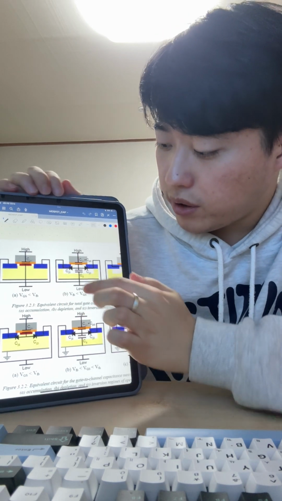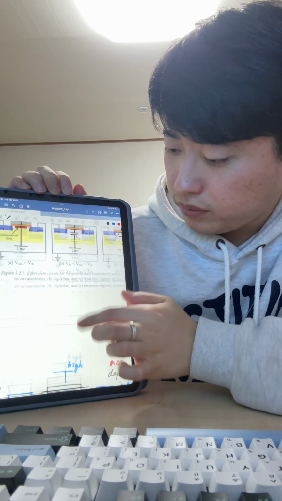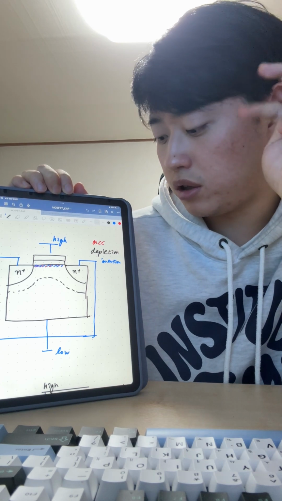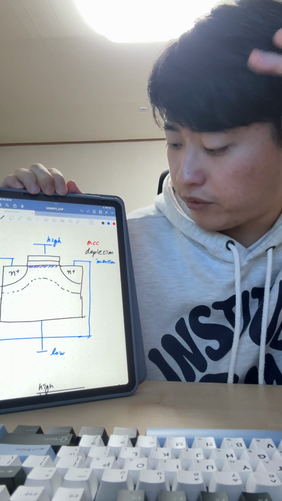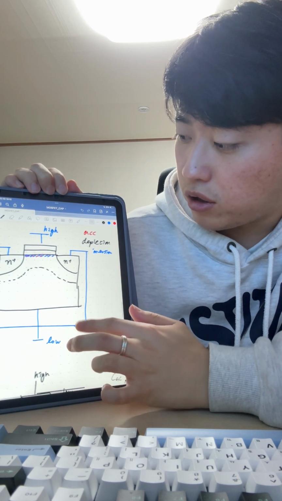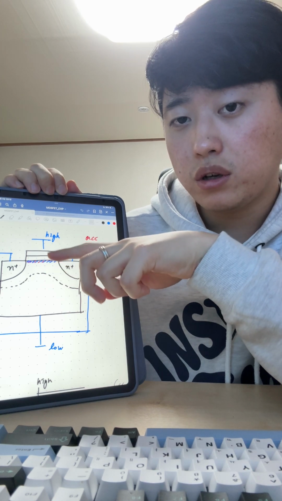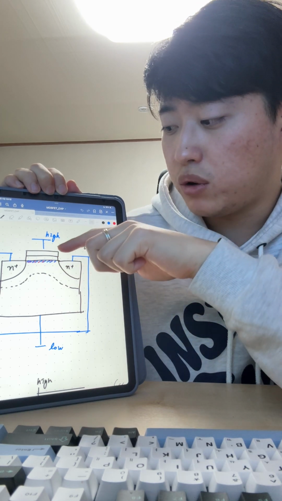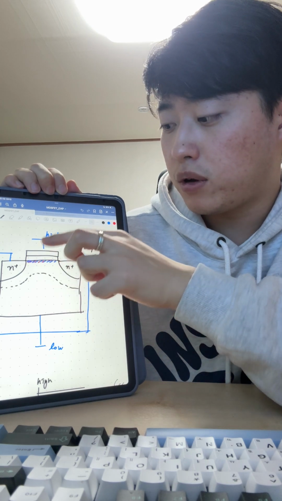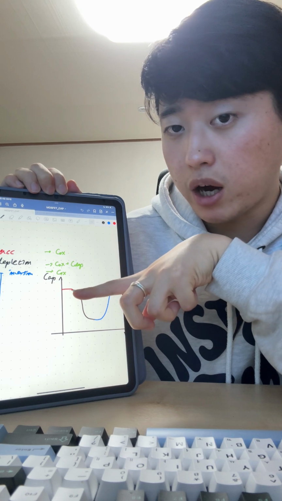So here it is, and there is accumulation and depletion and inversion. In accumulation, they have only COX because there is no depletion region, so only COX, very high.